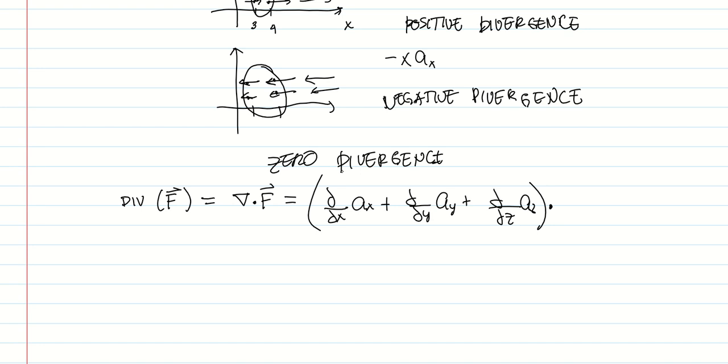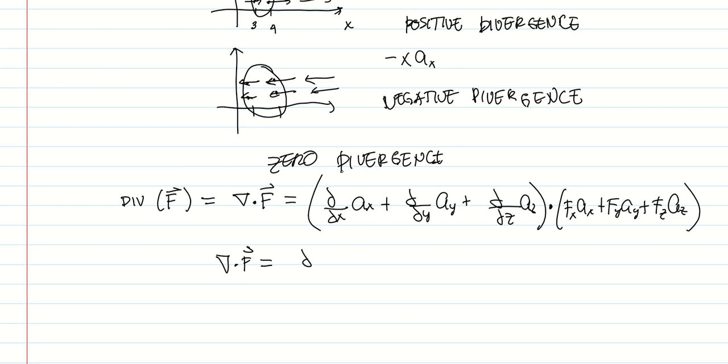Let's say the components of the vector are f of x, ax, plus f of y, ay, plus f of z, az. If we simplify this, the divergence will be equal to, by applying that product, you just multiply the components.